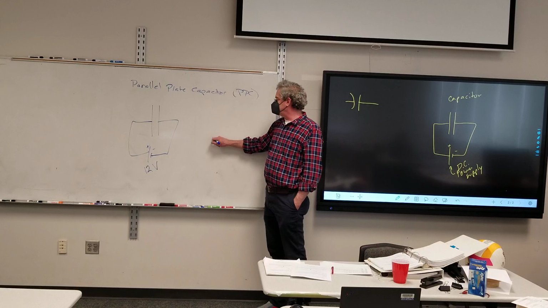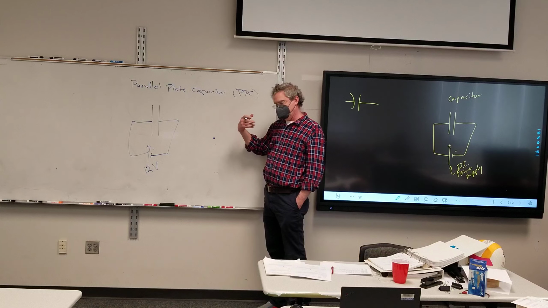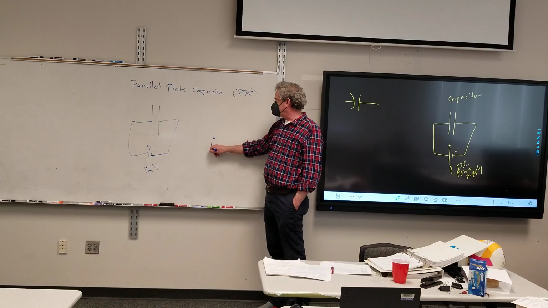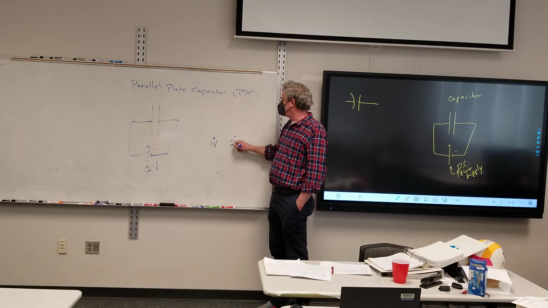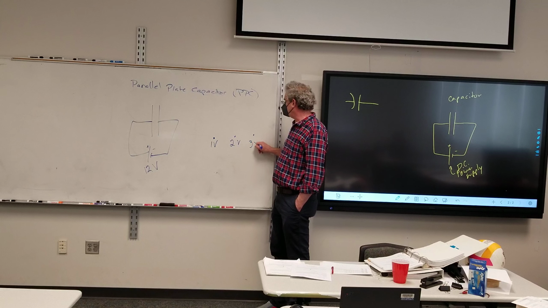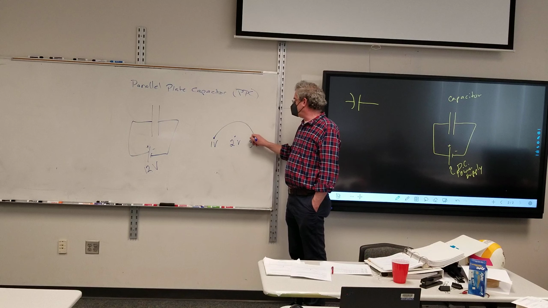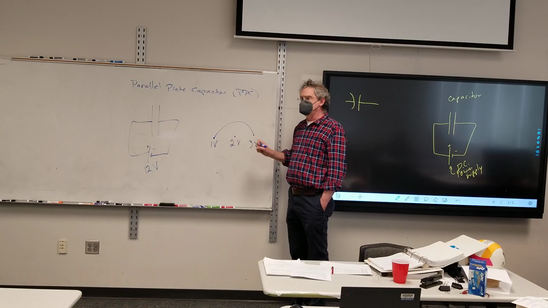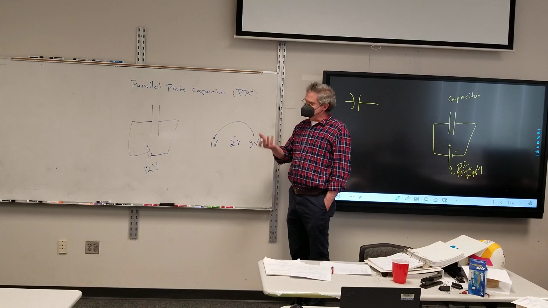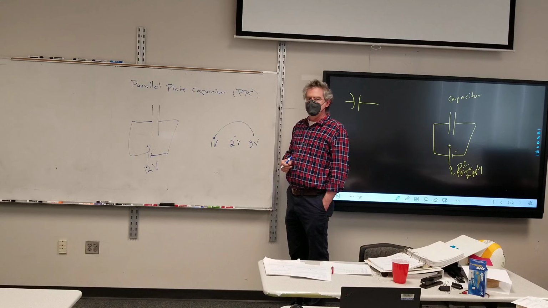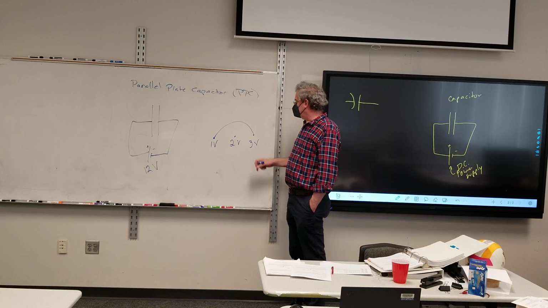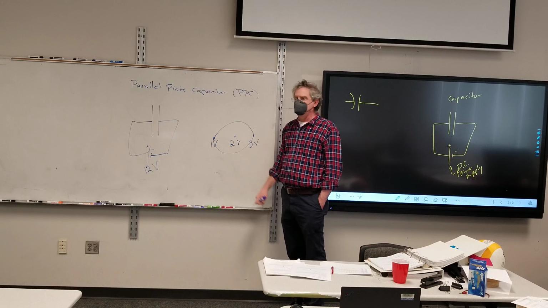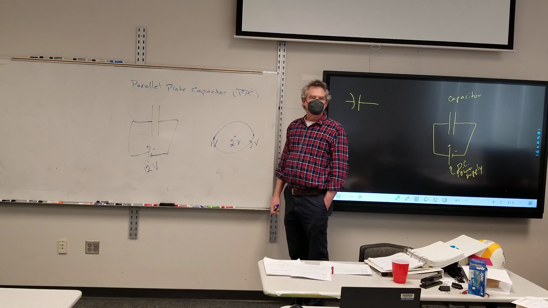If I start at some particular point, because remember, let's think about when I introduced voltage. So let's say that's 1 volt, 2 volts, 3 volts. If I start here and go to here, what is my voltage? 2 volts. If I start from 3 and I go to 1, negative 2 volts.